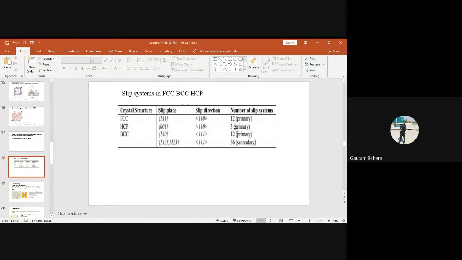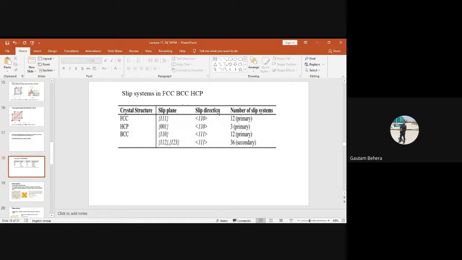In HCP we have 3 primary or active slip systems, and in case of BCC we have 48 total, but 12 are primary or active, right? So the number of slip systems in HCP is very less. Slip system means the combination of slip plane and slip direction. You have to remember, the combination of slip plane and slip direction is called slip system.